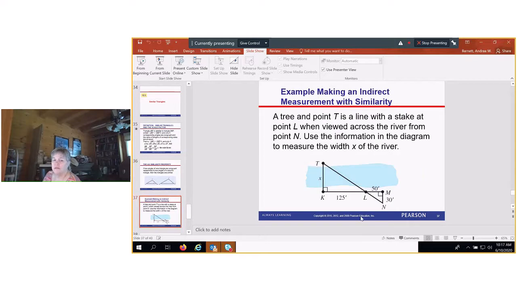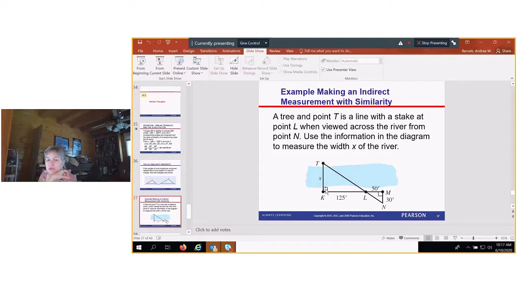Now, this is something totally different, because now it's asking you, if we've got something that is similar to one another, so if we say that triangle LTK is similar to LNM, then we've got to show and fill in some blanks.